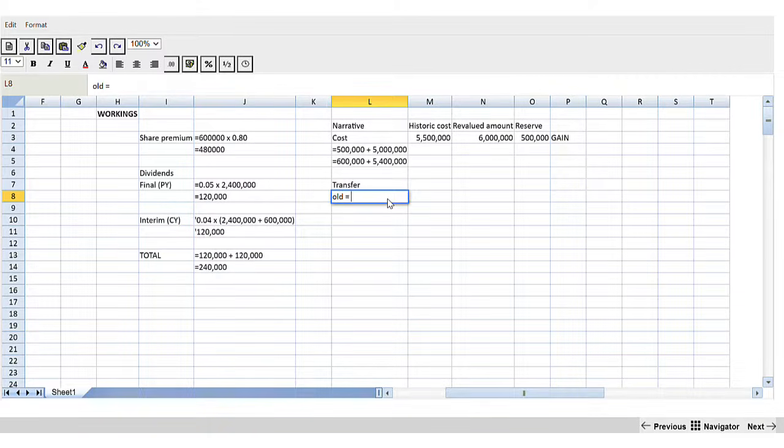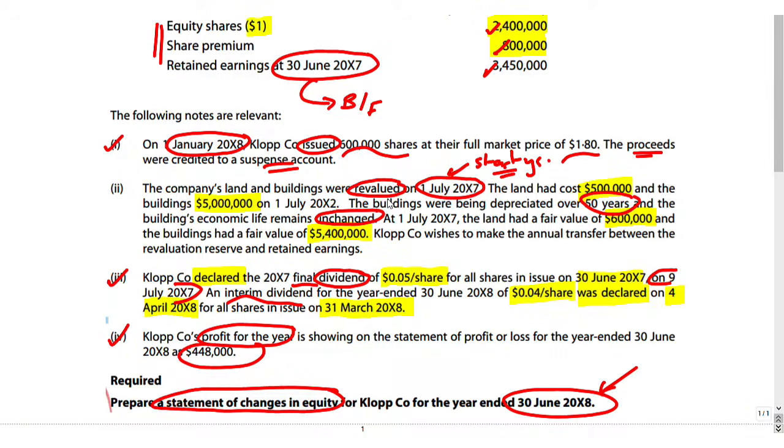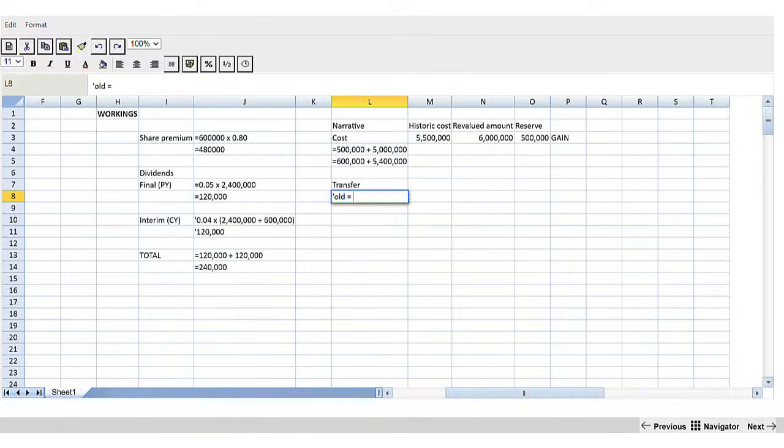The old depreciation would have been equal to, now this is where you need to be careful, remember land is not depreciated, is it? So it will be the buildings at 5 million depreciated over the 50 years.